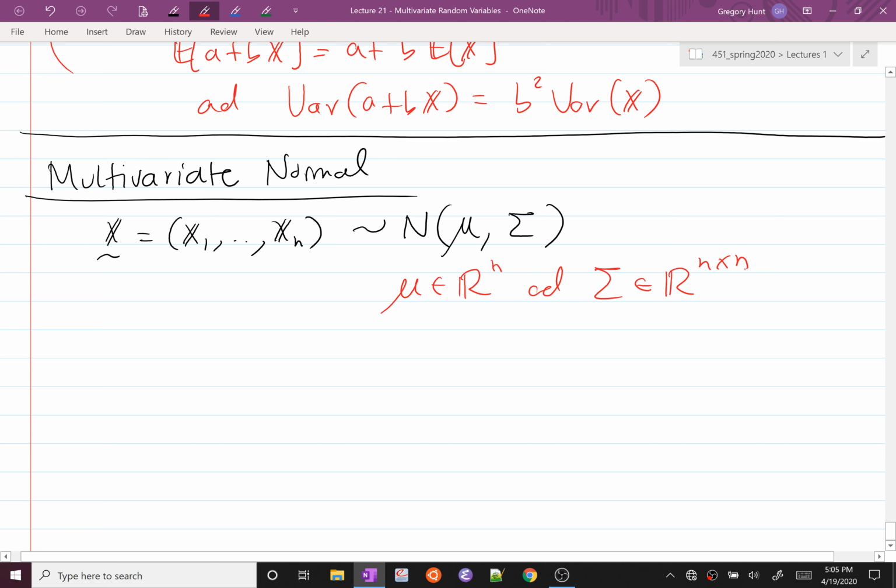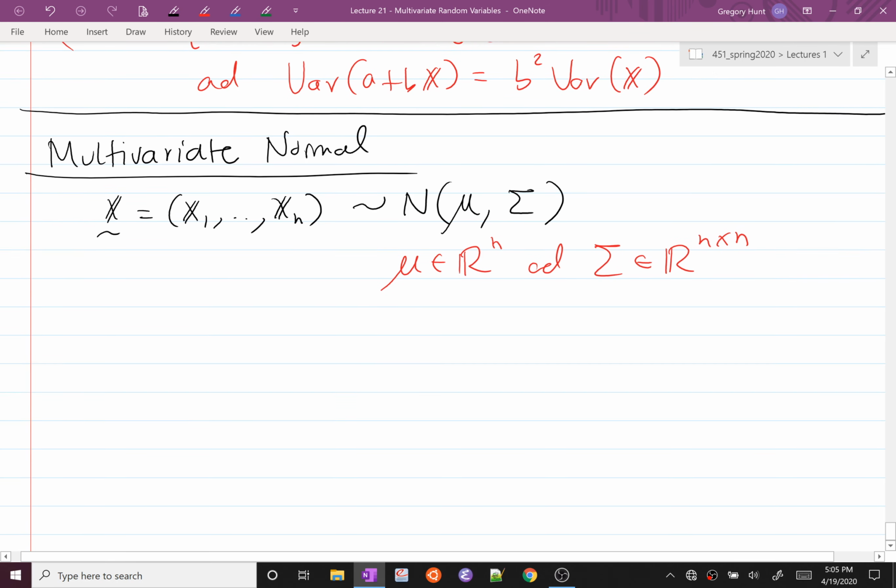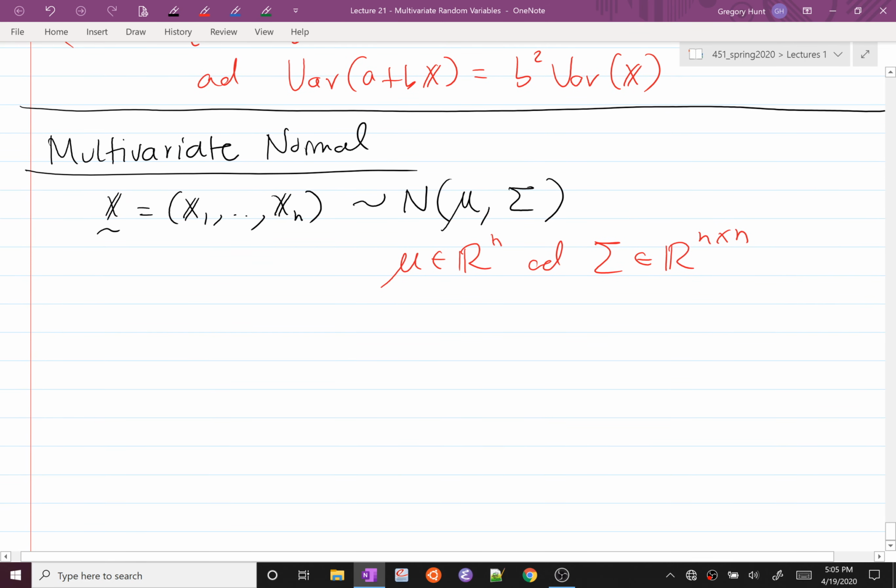So it is like the univariate case where it's parameterized by a mean and a variance. This is parameterized by a mean vector and a variance-covariance matrix, which are the generalizations of those univariate concepts.